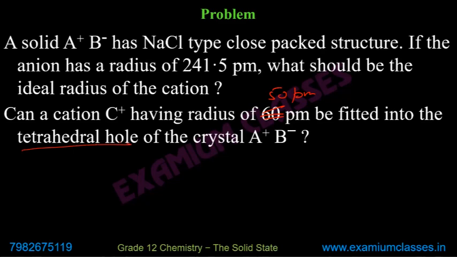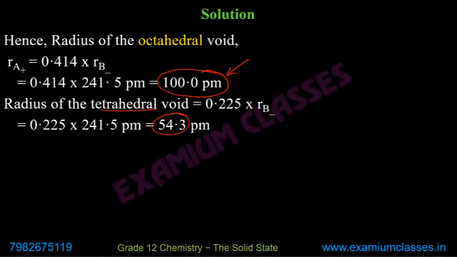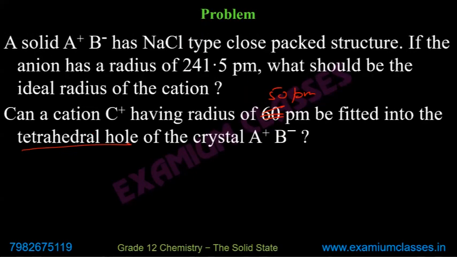Even if students give the answer based on 100 picometer, the answer is correct, yes, because 50 picometer can be fitted in 54.3 also, and 100 picometer also. So the answer will always be yes, whether you consider octahedral void or tetrahedral void. So even if you make a mistake and consider it octahedral void, your answer will be yes, which will be correct if you take 50 picometer. That's why I have changed it to 60 picometer.